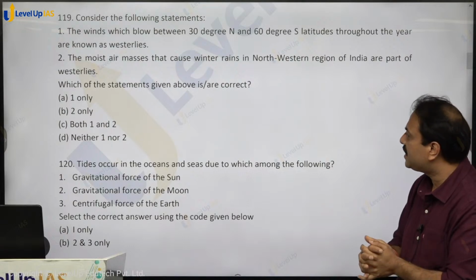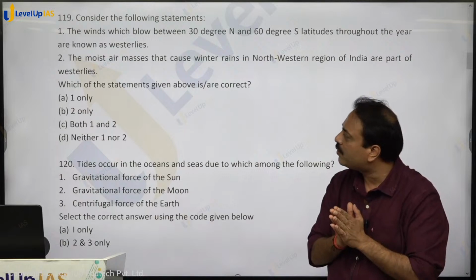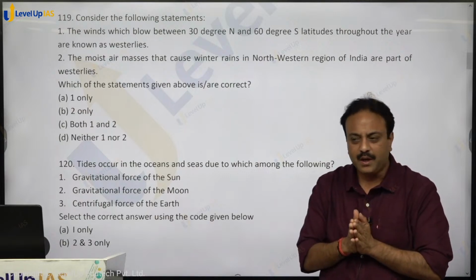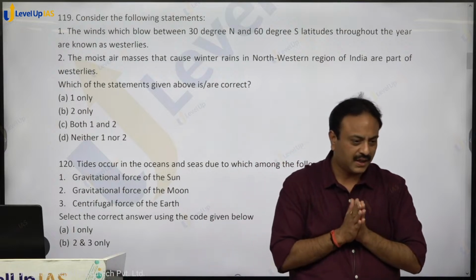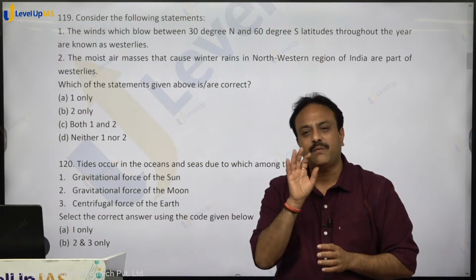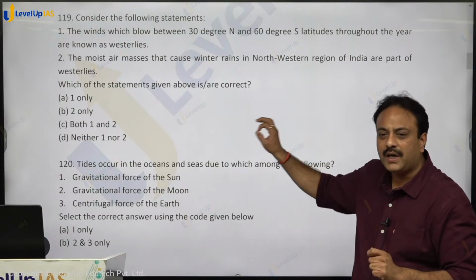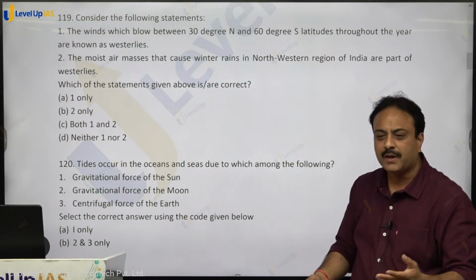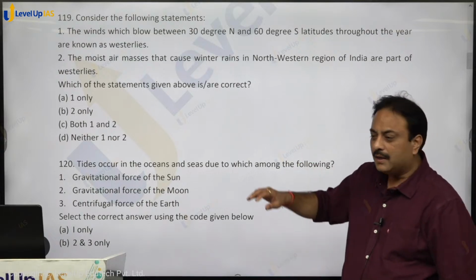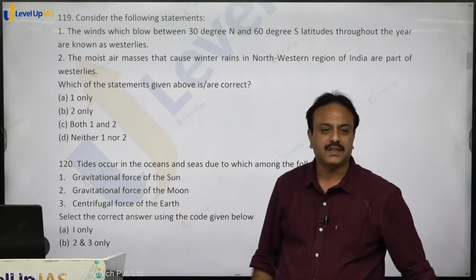The moist air masses that cause winter rains in northwestern region of India are part of westerly, that we know as western disturbances. We also know them as western cyclonic disturbances, right? So if we go into the micro detailing of this particular line, which we are in the habit of doing for UPSC paper, then they are not part of westerlies.